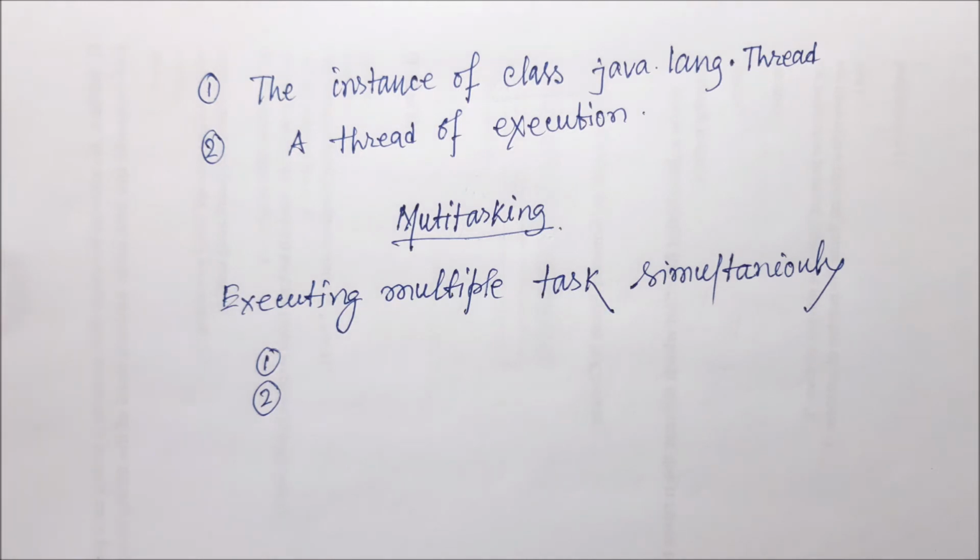At a time he is doing several tasks. For example, he is listening to the class, at the same time taking running notes, sometimes in between checking his mobile phone for WhatsApp, and some students are observing the environment, like someone passing in front of the classroom gate, looking at what is happening outside, somebody doing some other work also.